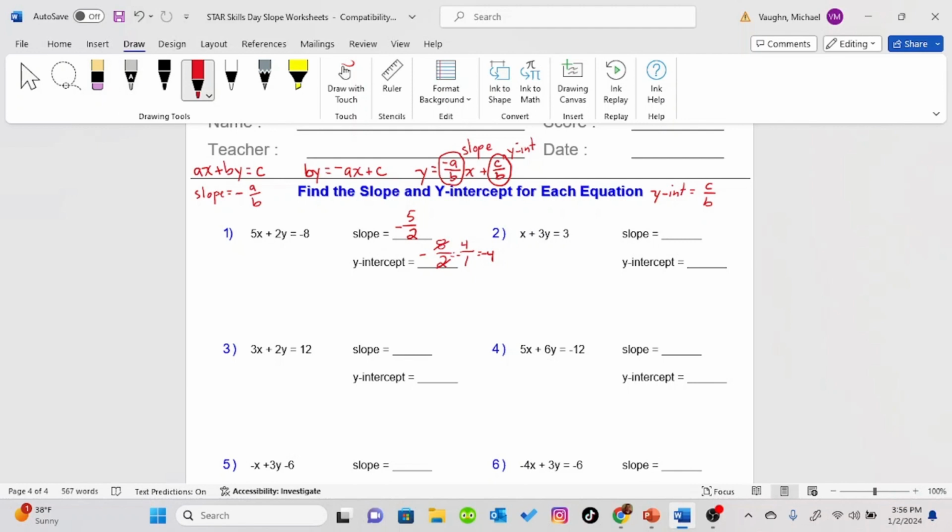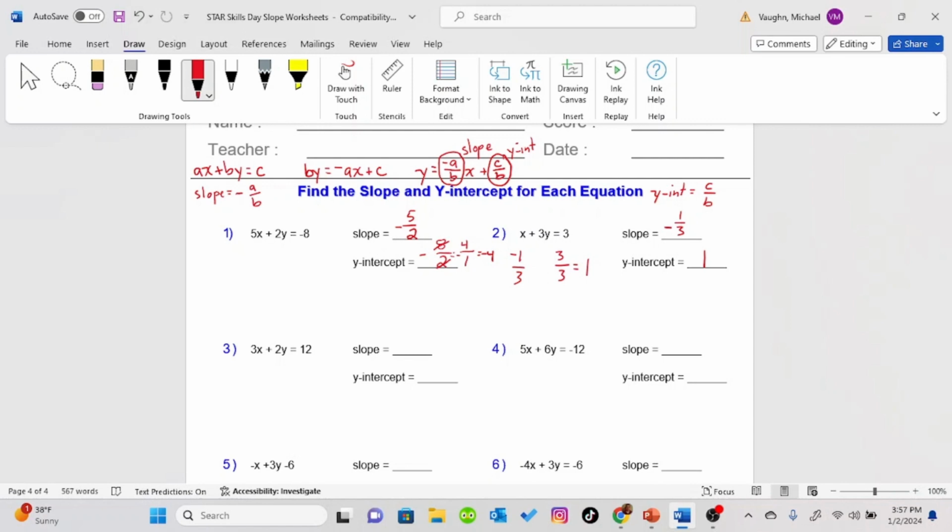So on number 2, my slope is negative a, which is 1, over b, which is 3. So my slope is negative 1/3. My y-intercept would be c, which is 3, over b, which is also 3, and anything divided by itself is 1. So my y-intercept would be 1.